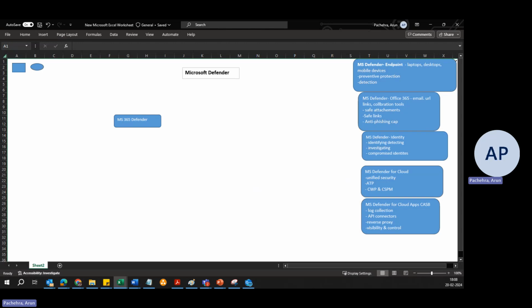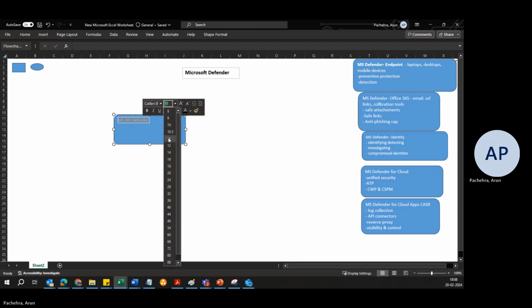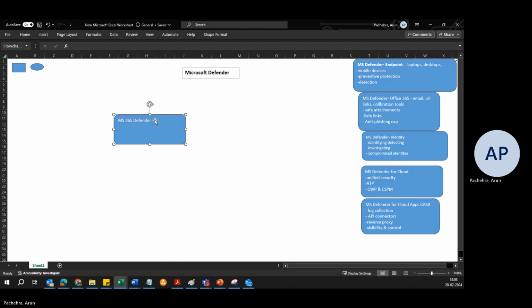All right, so Microsoft 365 Defender, as the name says, it's going to protect Microsoft 365, right? Okay. All right, so this is a unified pre and post breach enterprise defense suite. It is again defense suite.